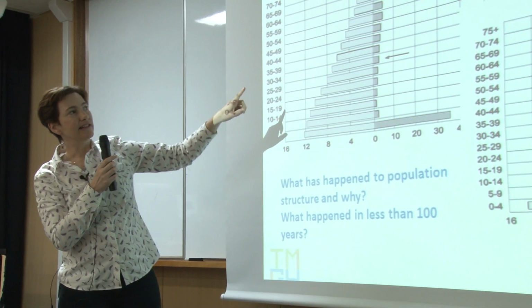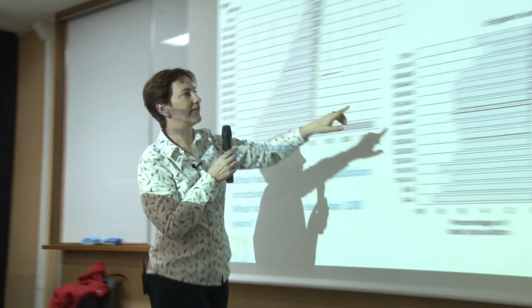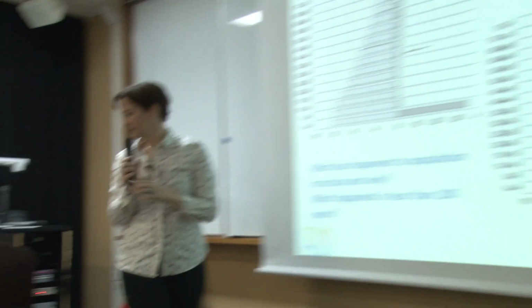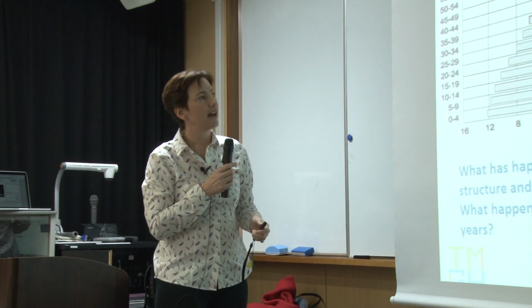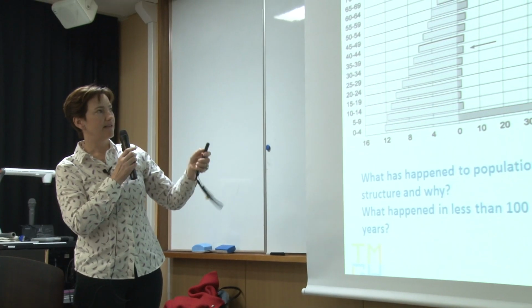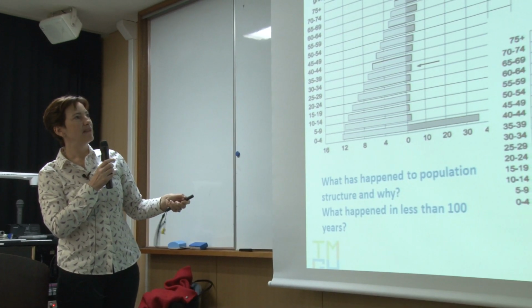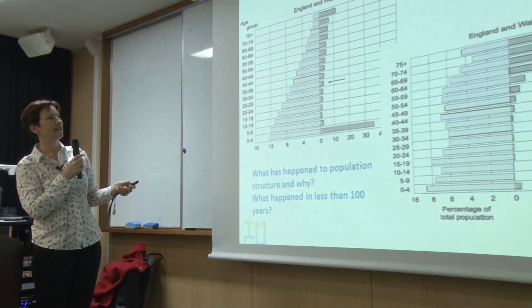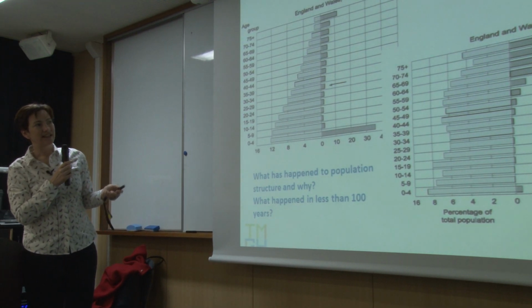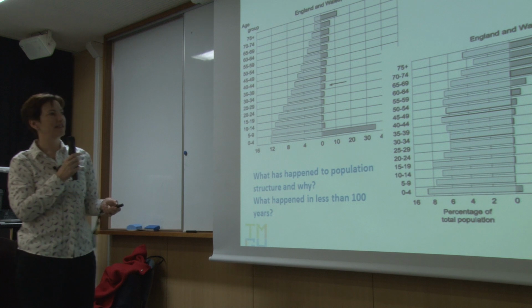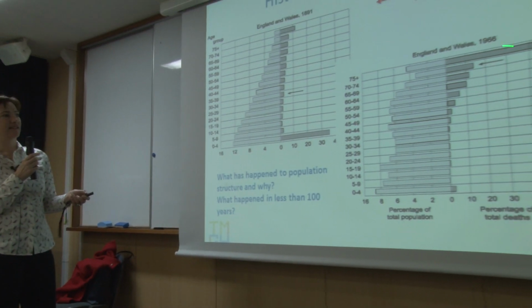So that's 1891, and here is 1966. So less than 100 years. And you can see that in 1891, the median age of death was 31, whereas less than 100 years later, median age of death is up here.